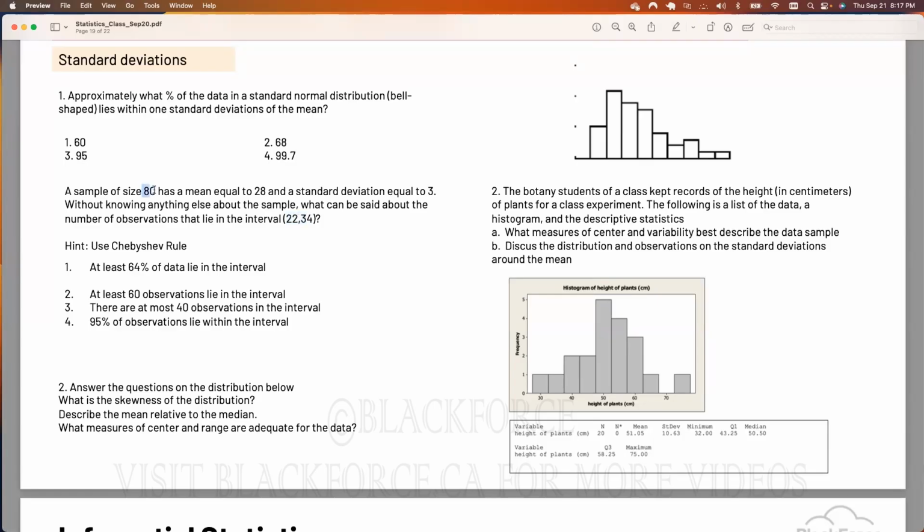Now, remember, the total number of data points in our sample is 80, right? So 75% of 80 data points would fall within this range. And 75% is just 3 over 4, and times 80, that would be 60. So that means you have at least 60 observations lie within this interval. Exactly.